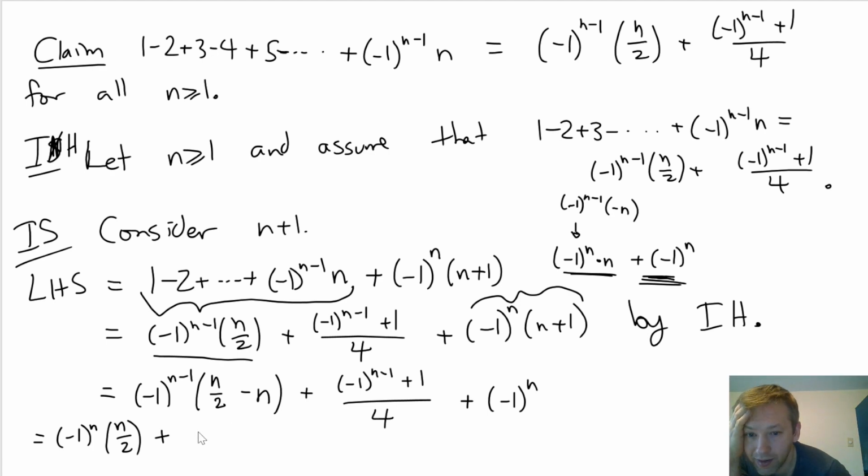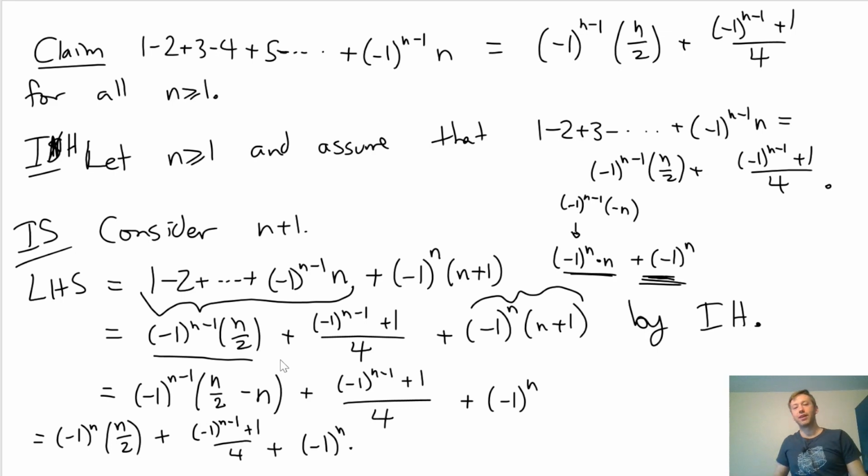And then I've got a negative 1 to the n minus 1 plus 1 over 4 plus negative 1 to the n. And frankly, things aren't looking that good, which is kind of annoying, but we can fix this.